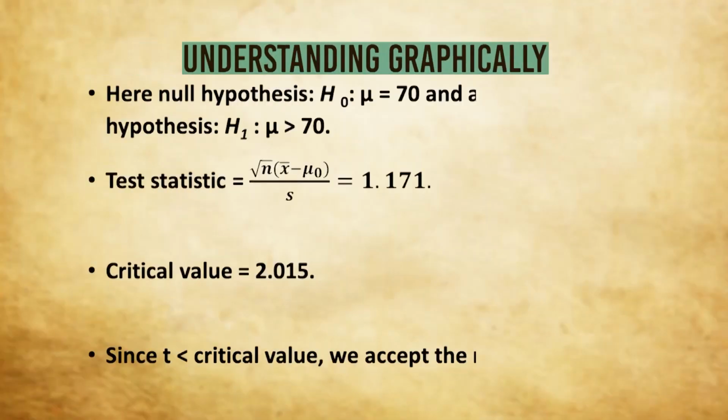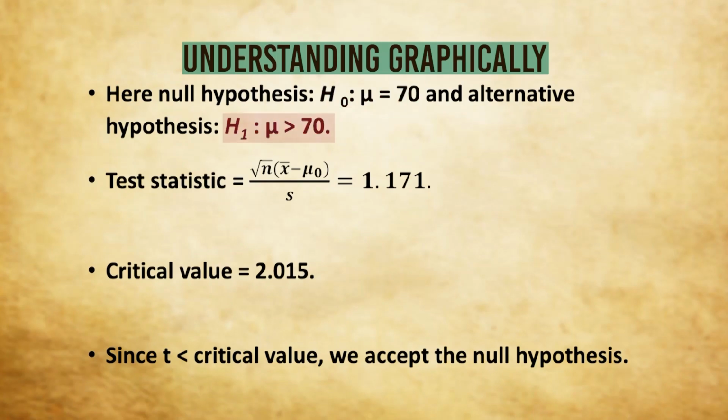That means the level of significance is 5%, that is 0.05. So the null hypothesis is mu equals 70 and the alternative is mu greater than 70. So it is a one-sided test, to be specific, a right-tailed test. We know the test statistic, root n into x bar minus mu naught by s. n is the sample size, here it is 6, x bar we can compute, mu naught is 70 and the standard deviation is to be calculated.